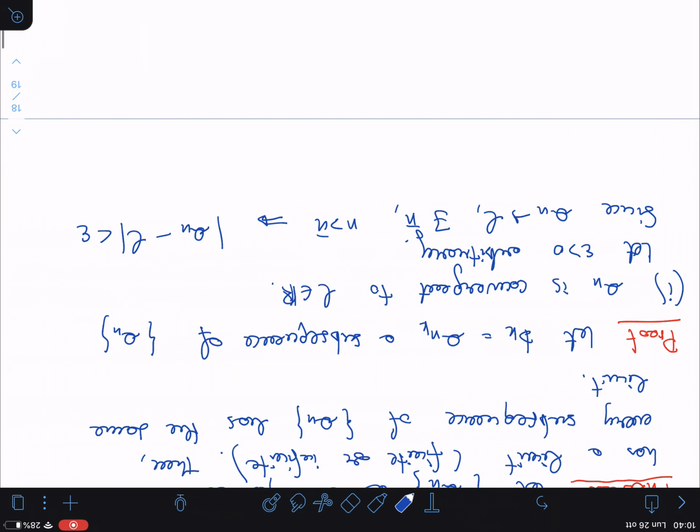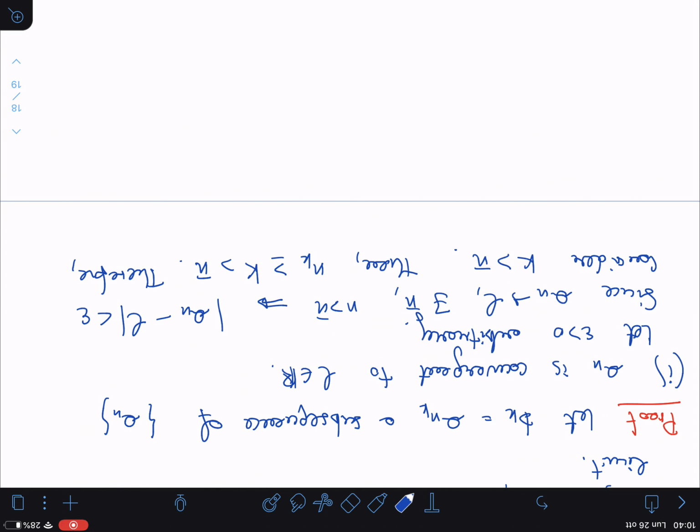Okay, now consider k, the index of the subsequence, larger than n bar. Then, by the previous remark, nk is not smaller than k, which is larger than n bar. Therefore the distance between bk and L equals, by the definition of a subsequence, the distance between a and k and L, and this will be less than epsilon.